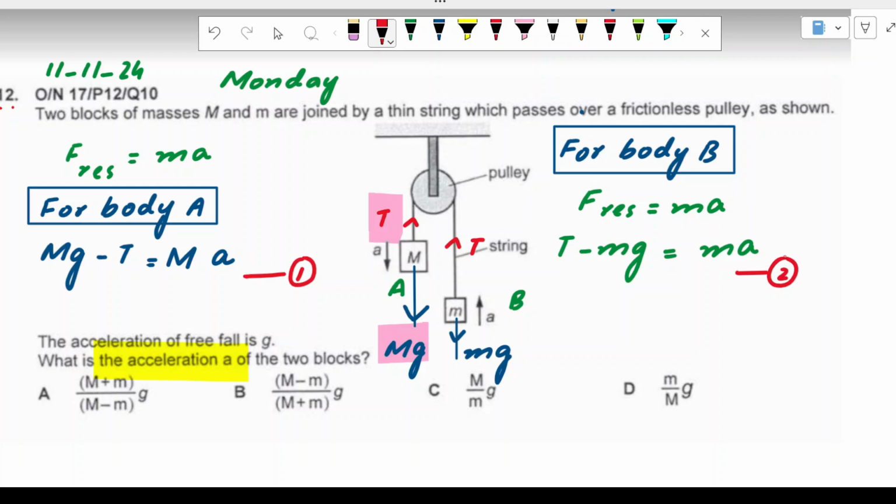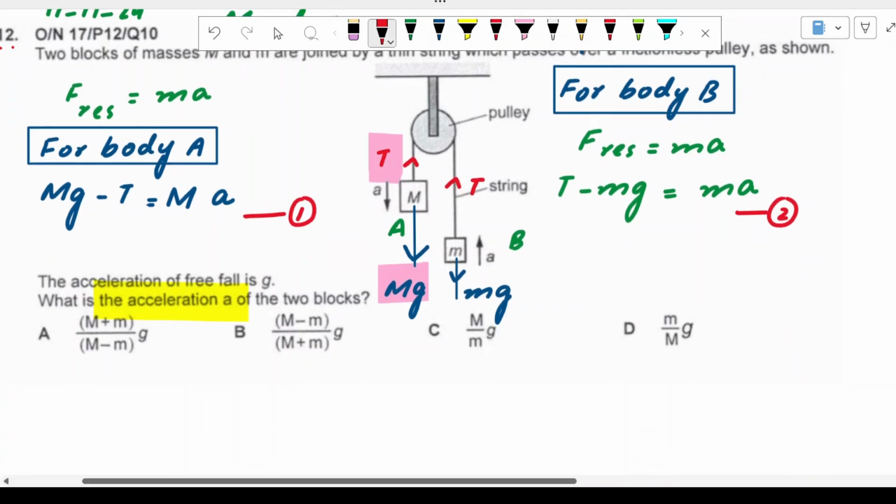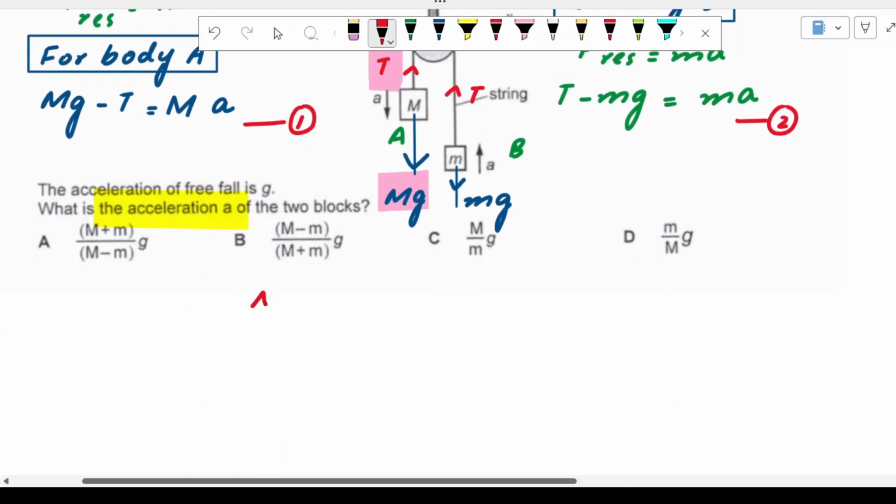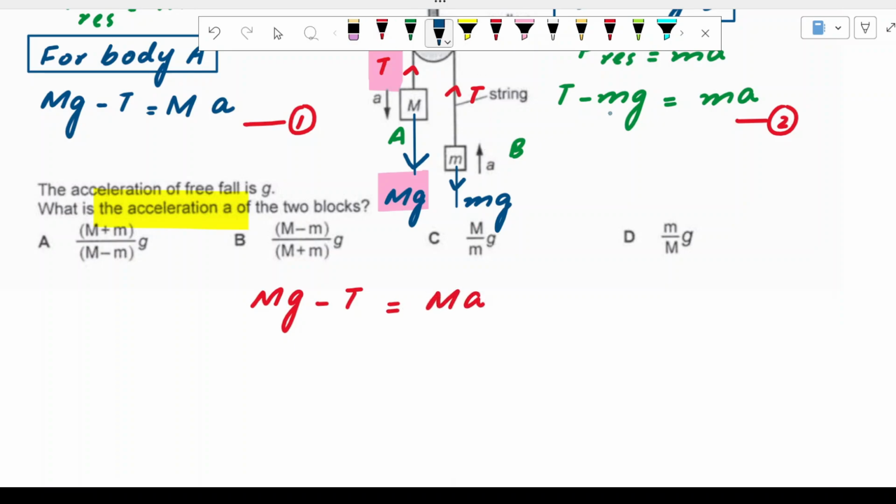It's only your choice if you want to substitute the value of T from one equation into the other, or if you want to eliminate T. I'll personally, at least for this one, go with the method of elimination. So I'll write the first equation first. Underneath that, I'll write the second equation, but I'll write it with the like terms in front of each other, though the equation is the same.